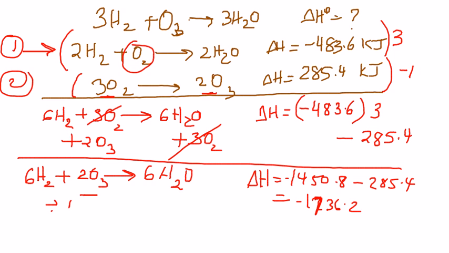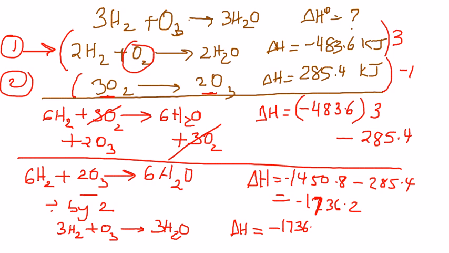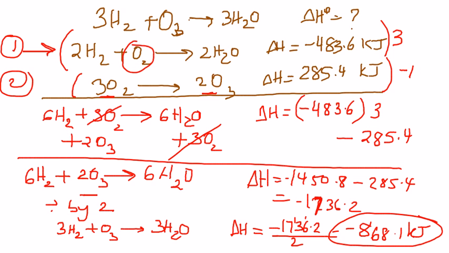So we are going to divide this by 2, and the final answer comes out to be 3H2 plus O3, giving you 3 molecules of water, and you must divide the delta H by 2 as well. So negative 1736.2 by 2 comes out to be negative 868.1 kilojoules as your final answer.